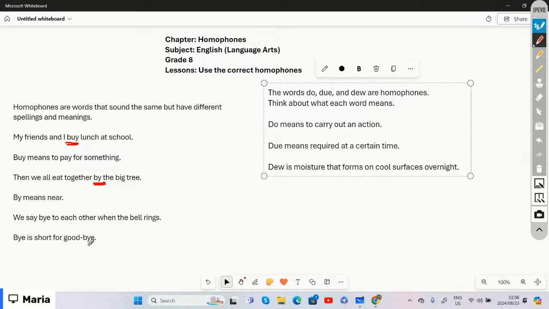And then we have another word that sounds the same, which is bye, which is B-Y-E. And this word bye is short for saying goodbye.